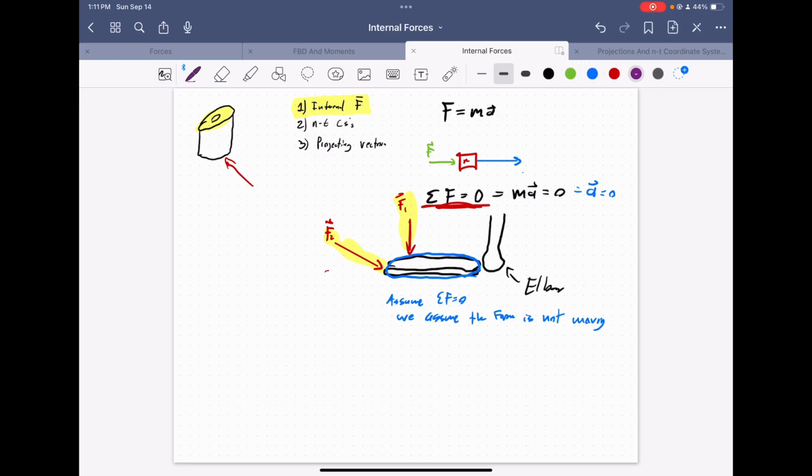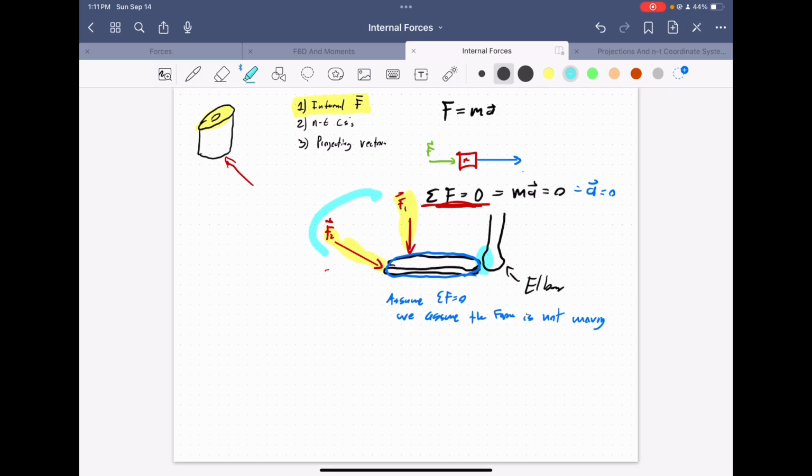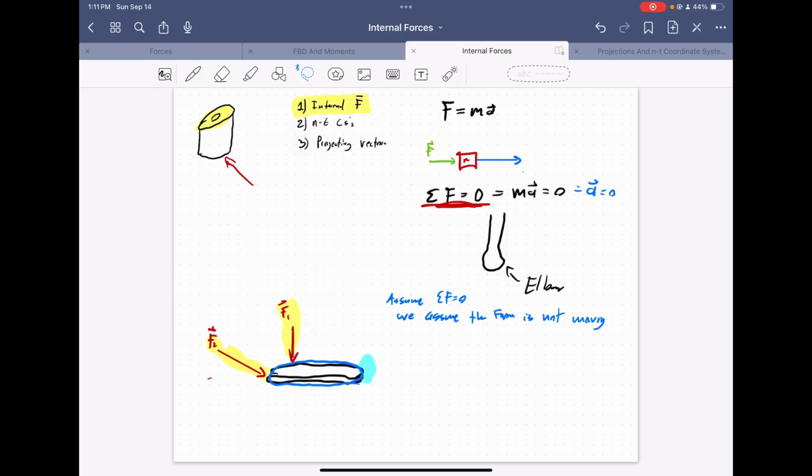But we know it is touching this joint over here, so we know that since the sum of forces equals zero, that F1 plus F2 does not equal zero.